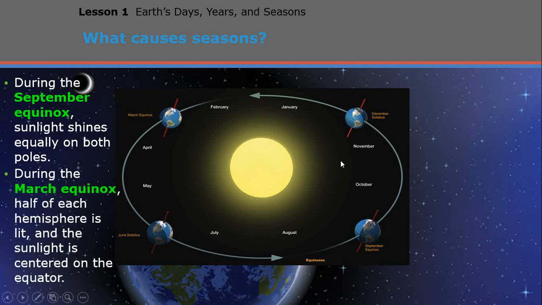Next is the March equinox, and during the March equinox, what do you have? You have the same thing. I have equal amounts of daylight and nighttime hours here in the September equinox, and I also have the same thing in the March equinox. Why? Because both of them mark equal amounts, 12 hours of daylight and 12 hours of nighttime.